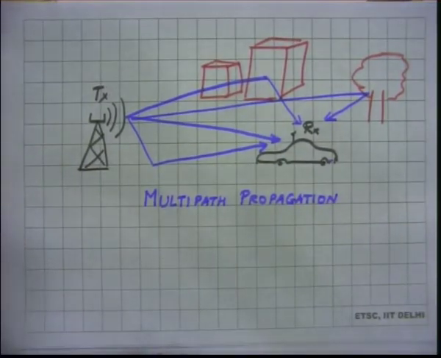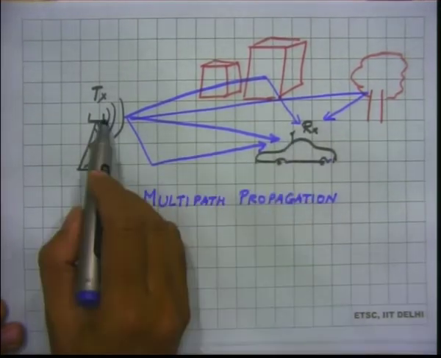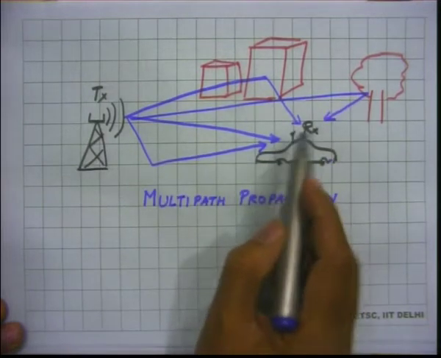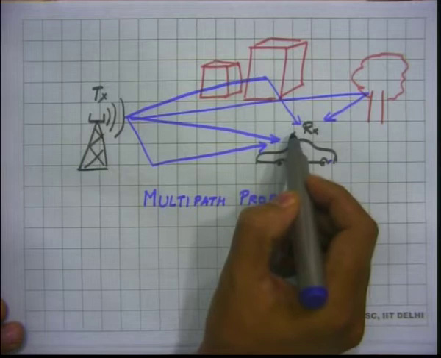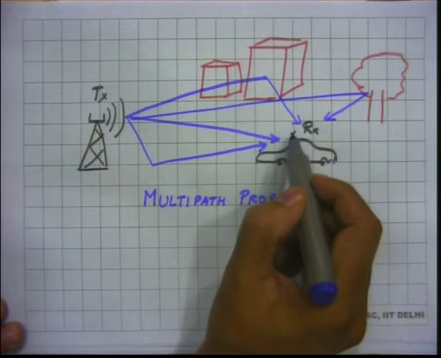But the interesting thing is, when a signal reaches from the transmitter to the receiver through several paths, they add up at the receiver coherently, in phase, out of phase, in such a manner that the resultant vector gives the actual value of the signal received.